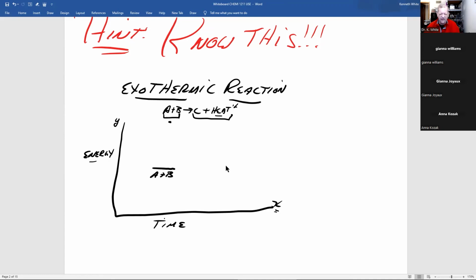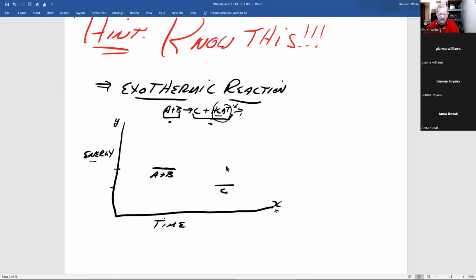Both sides have the same total amount of energy. If A and B have this for an exothermic reaction, C has less energy. That's why this is lower. Here's A and B, and lower, less energy, is C. And why is that? Because this heat energy is given off.